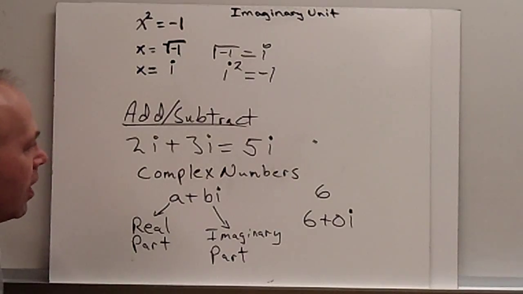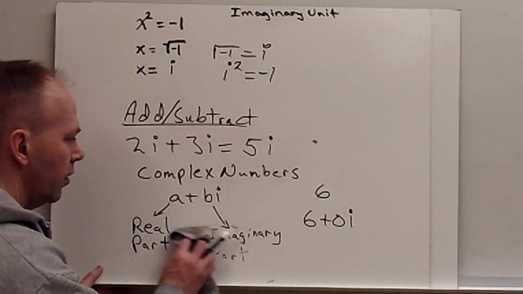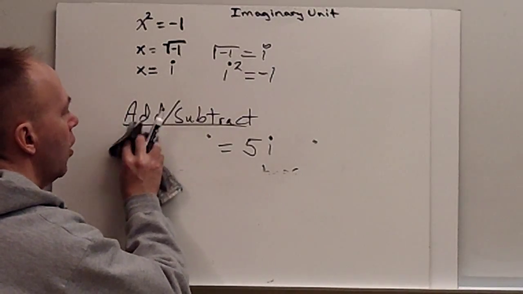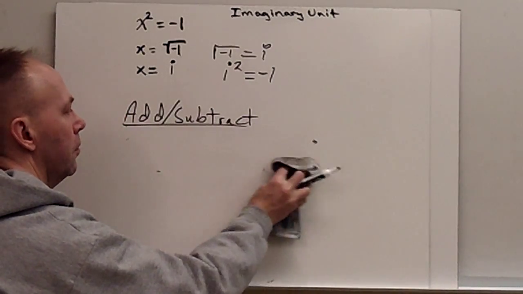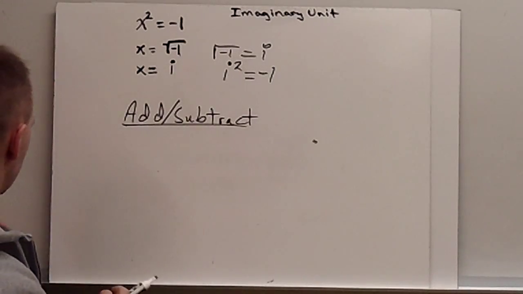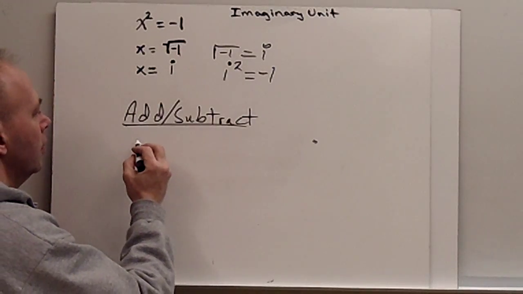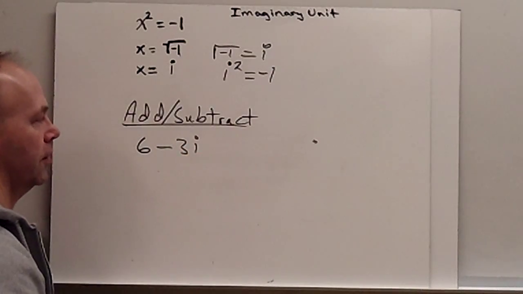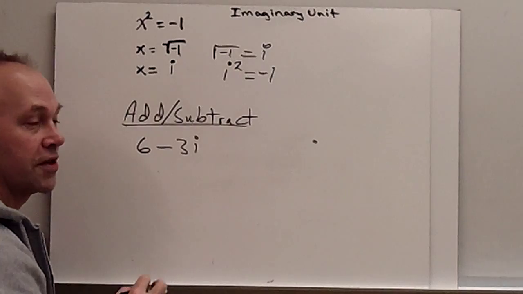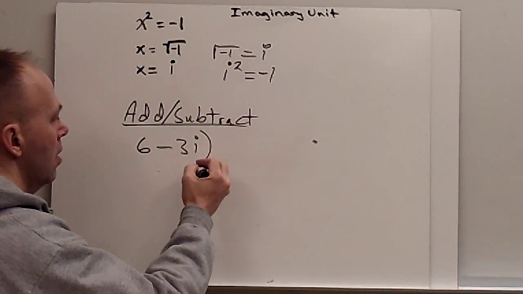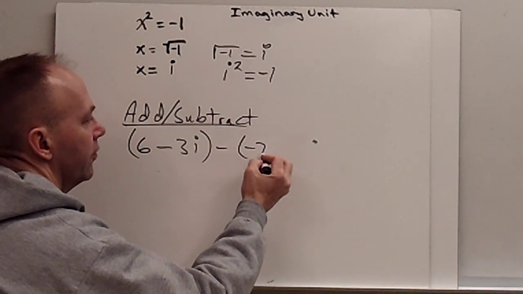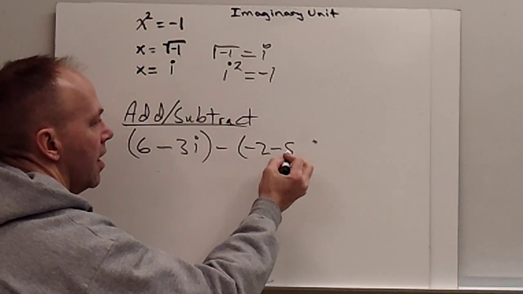So, operations with complex numbers, let's see what that looks like. Adding and subtracting complex numbers. 6 minus 3i, a complex number whose imaginary part is negative 3i, minus negative 2 minus 8i.